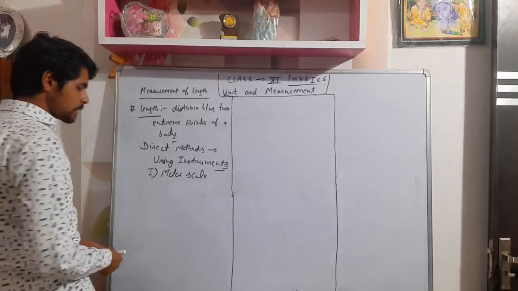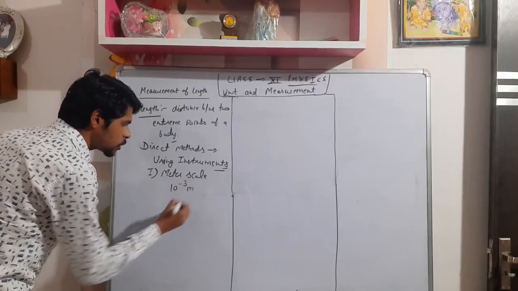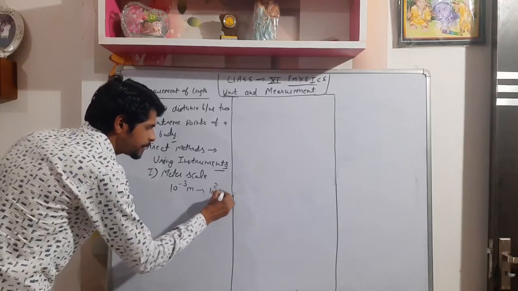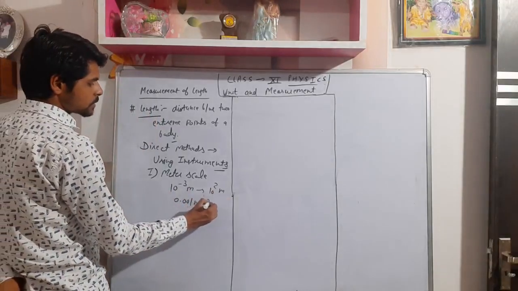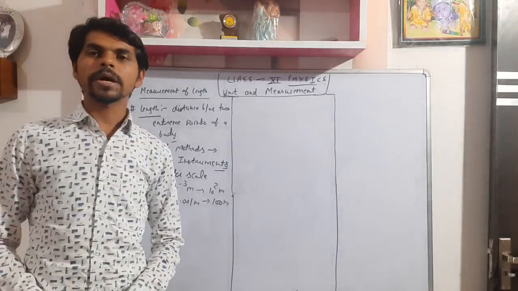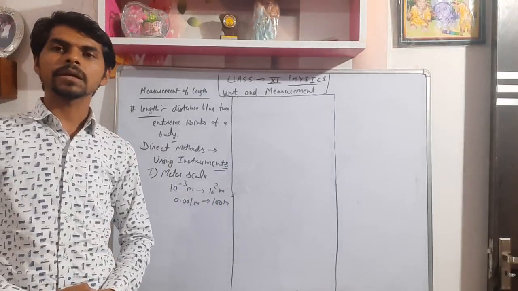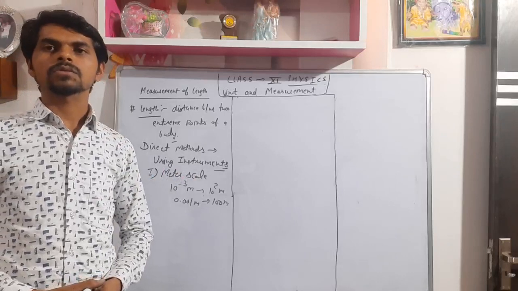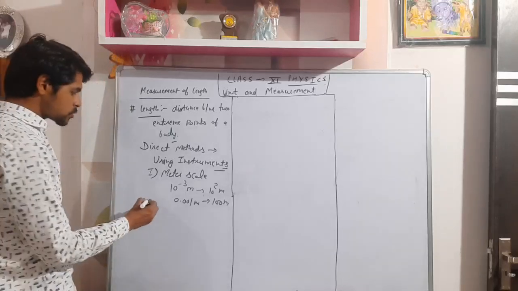When we use meter scale, if we want to calculate the length from 10 to power minus 3 meter to 10 to power 2 meter, what is the meaning of 10 to power minus 3? That is 0.001 meter to 100 meter. If you have to calculate a length in this range, we can use meter scale.